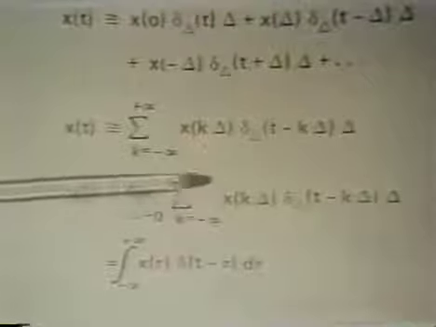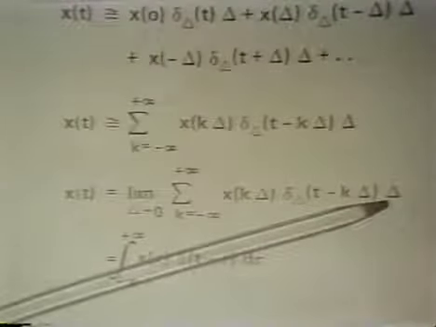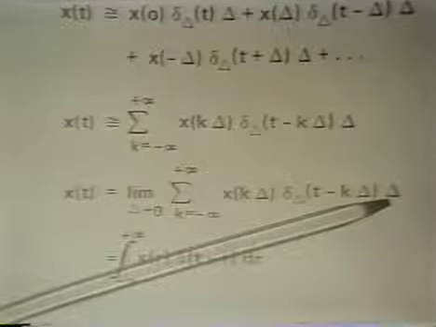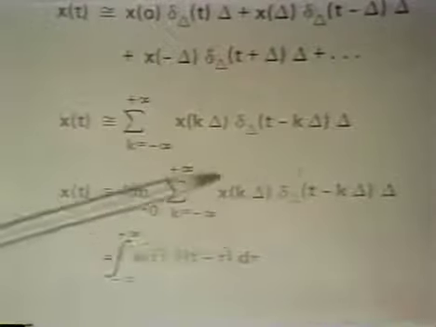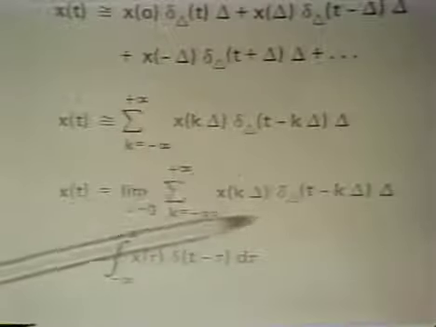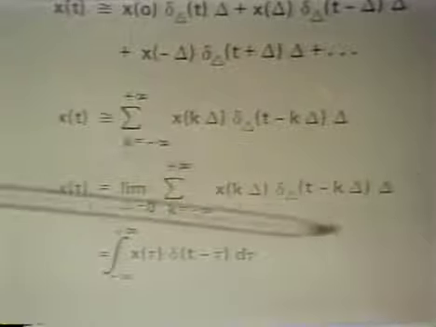And as delta goes to 0, notice that this term becomes arbitrarily narrow. This goes to our impulse function, and this, of course, goes to x of tau. And in fact, in the limit, a sum of this form is exactly the way an integral is defined.